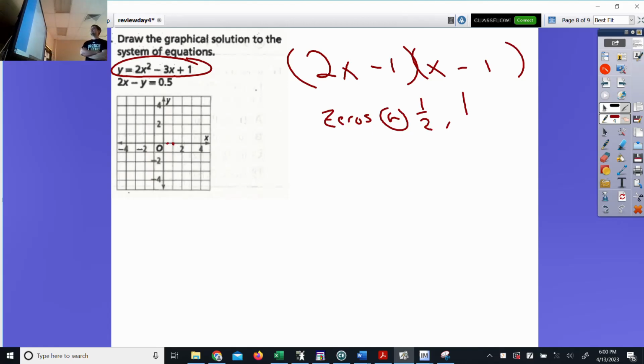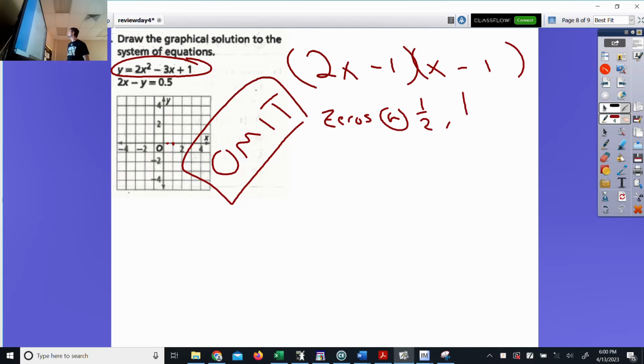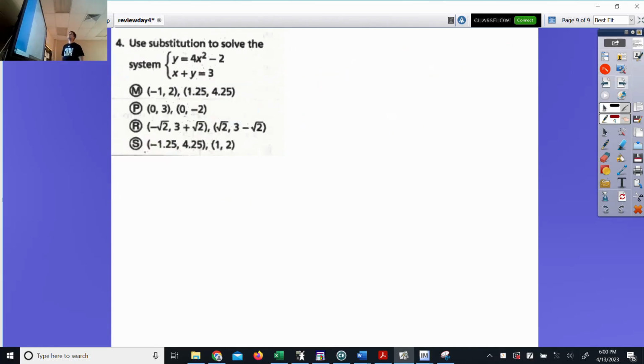Wow, they expect you to do that with a hand-drawn graph. That's crazy. Nah. We're just going to skip this one. That's beyond expectations on a non-calculator part. Skip that one.